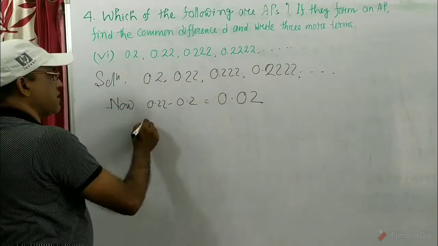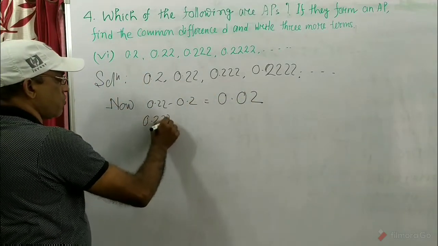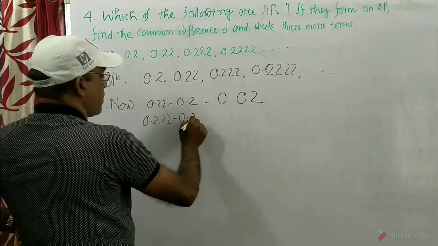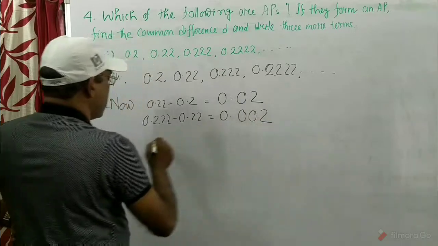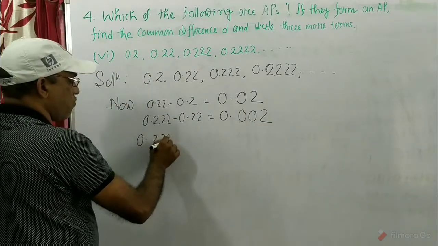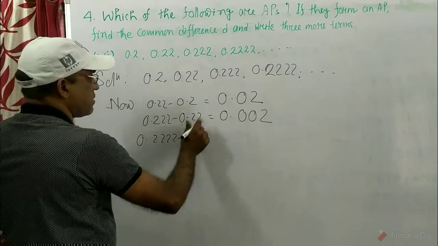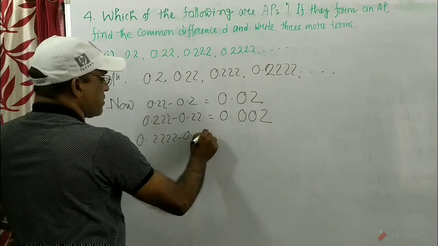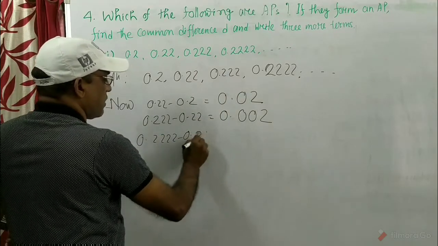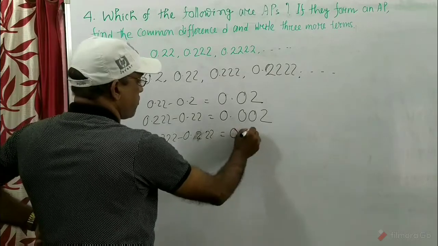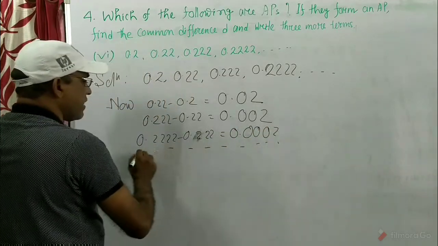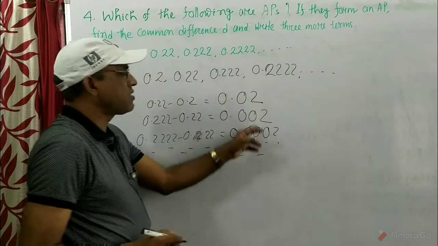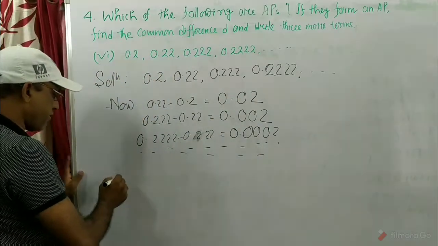And 0.222 minus 0.22 is 0.002. And the next, 0.2222 minus 0.222, is 0.0002. So their differences are not the same; their differences are different.